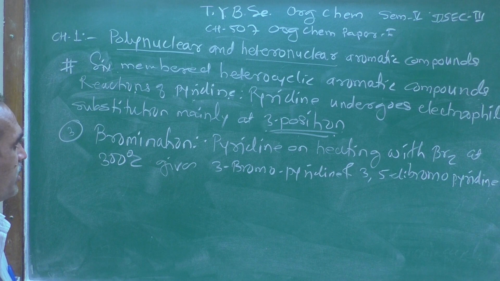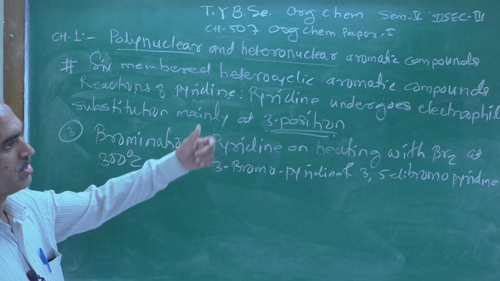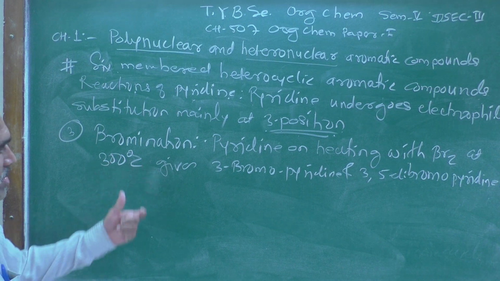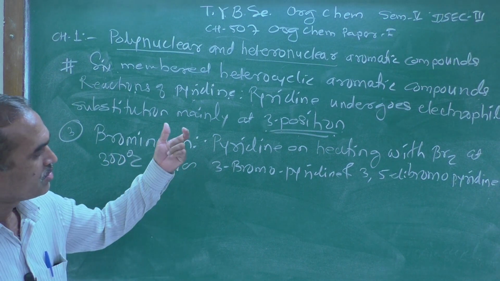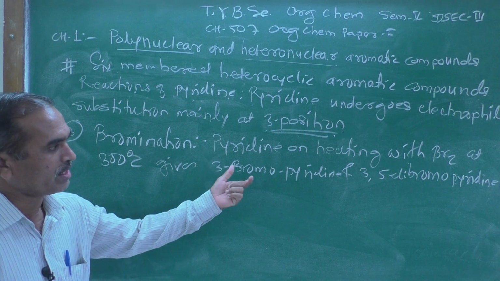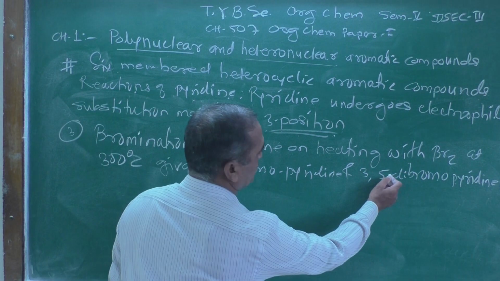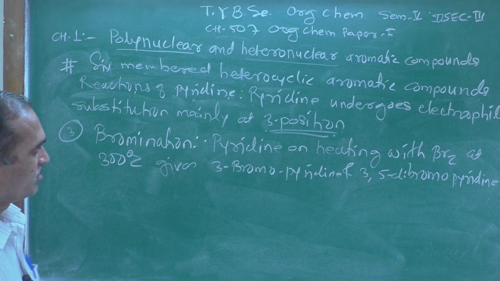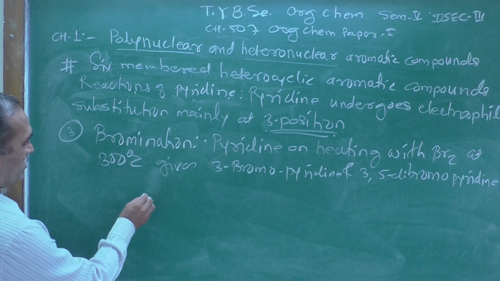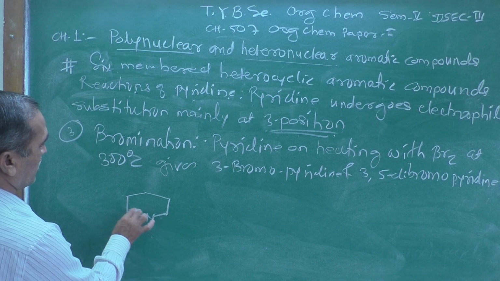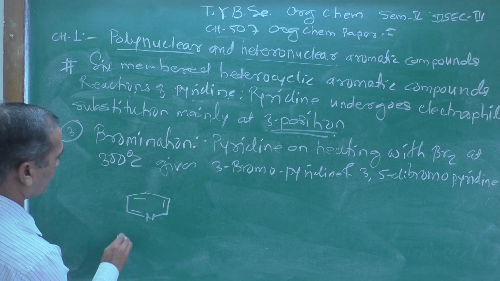If you see over here, pyridine on heating with Br2 at 300 degrees centigrade gives 3-bromopyridine as well as 3,5-dibromopyridine. What they have taken as a starting material is pyridine, and as we know this is the structure of pyridine.